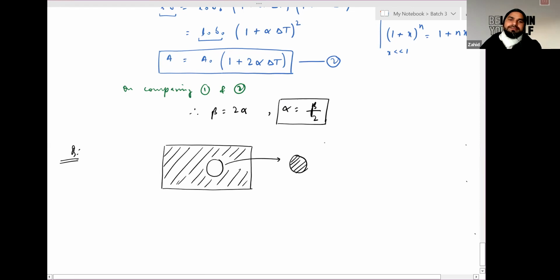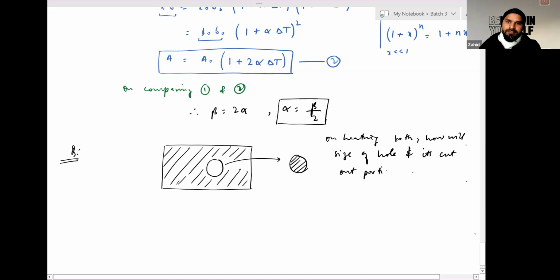So you'll be asked, on heating both, how will the size of hole and its cutout portion be affected?